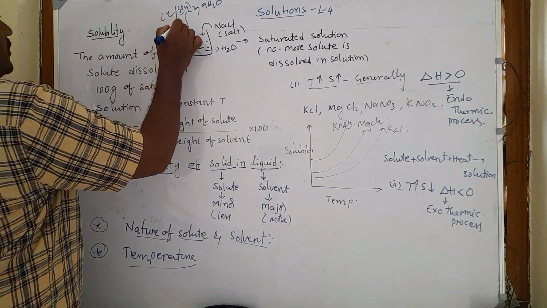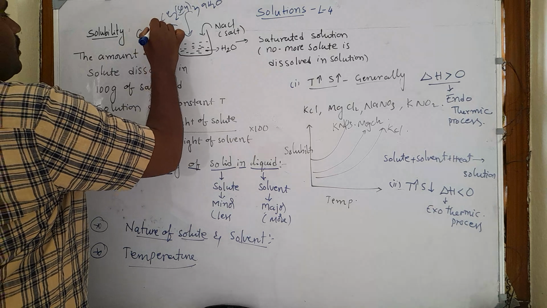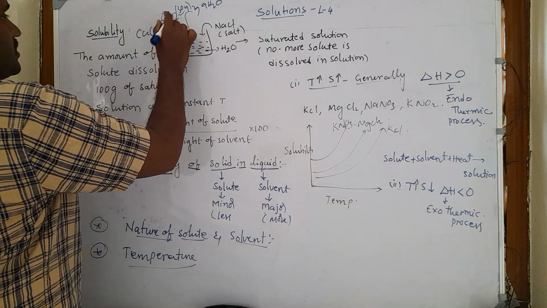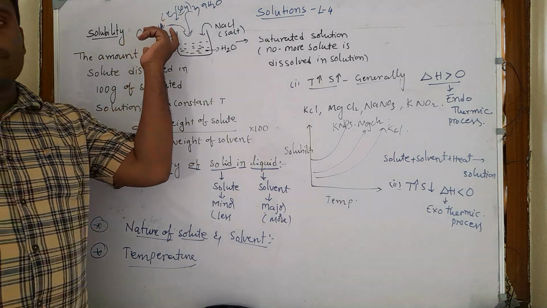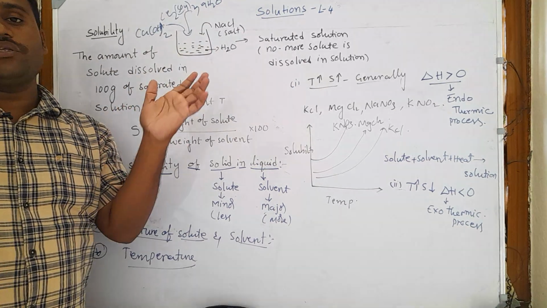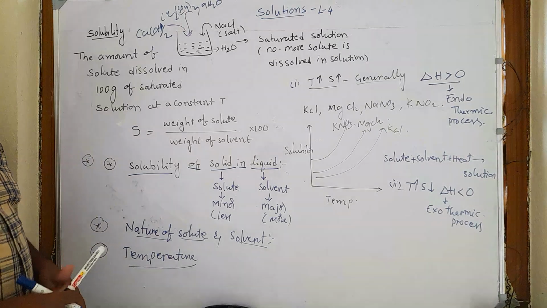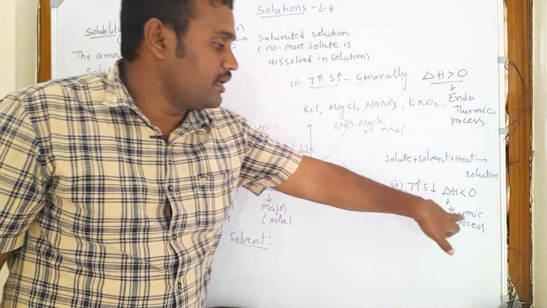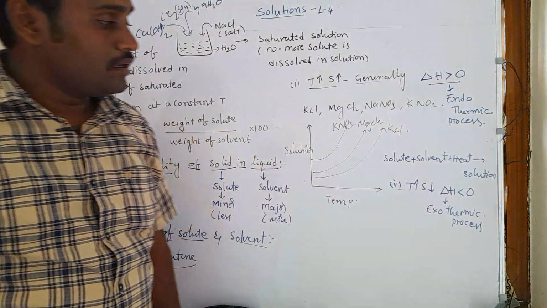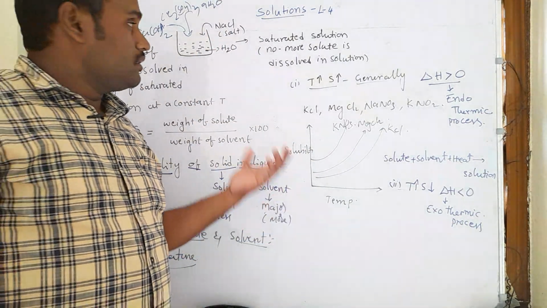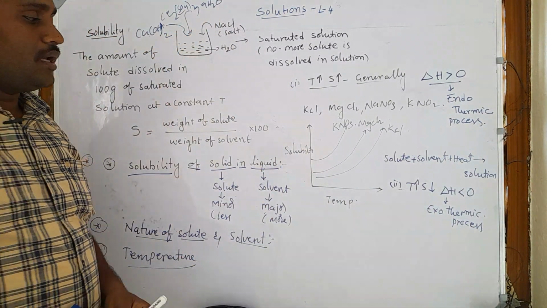The same holds for calcium hydroxide, Ca(OH)2. When you add it to water, the temperature of water increases. So what are those processes called? Exothermic processes. Here delta H is less than 0, which means the system is going to lose energy.